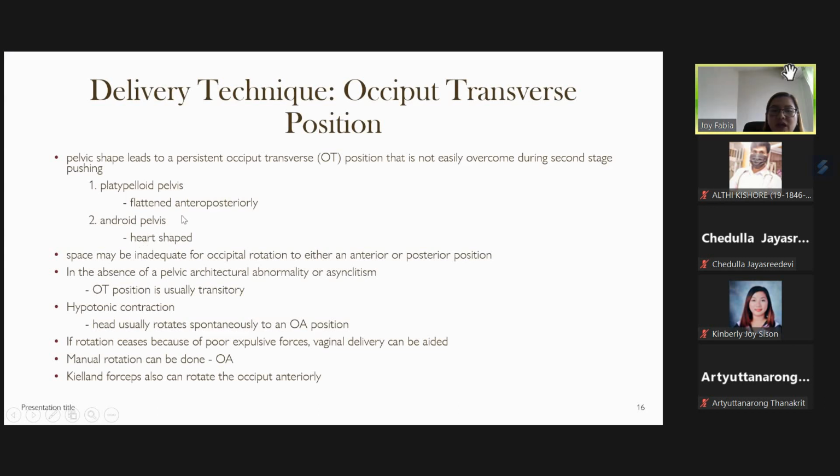So ano yung platypelloid? I think they already lectured this para medyo nagkakaintindihan tayo. The platypelloid pelvis is usually flattened anteroposteriorly. Mapapansin mo yan sa mga babae, may mga babae na flat yung puwet nila, so usually they are the platypelloid type.